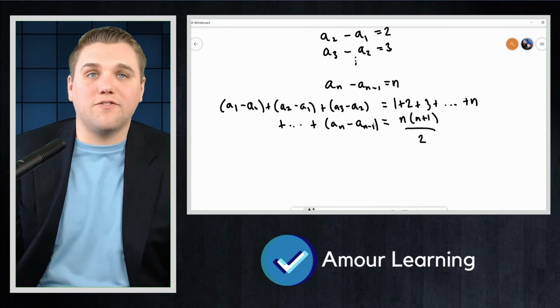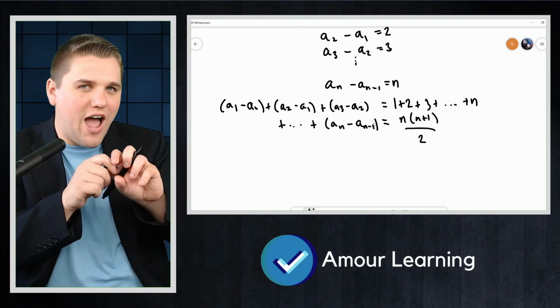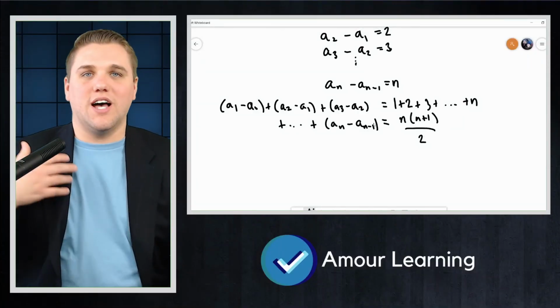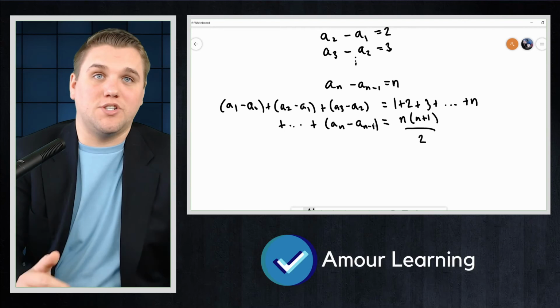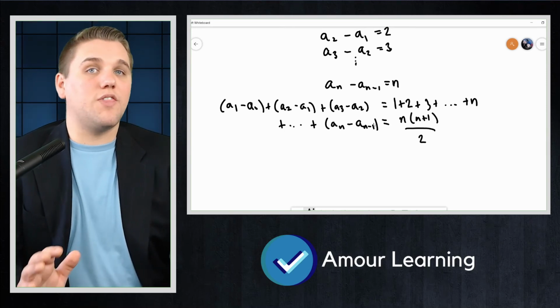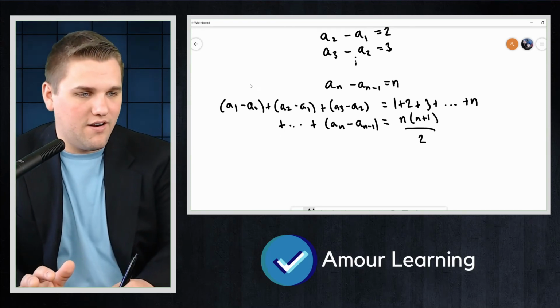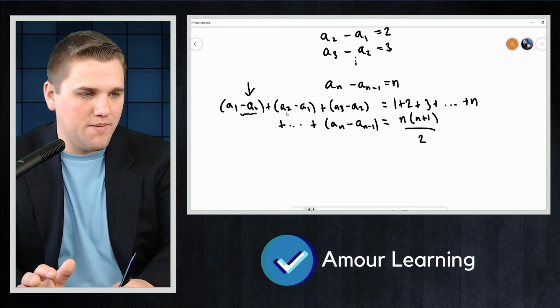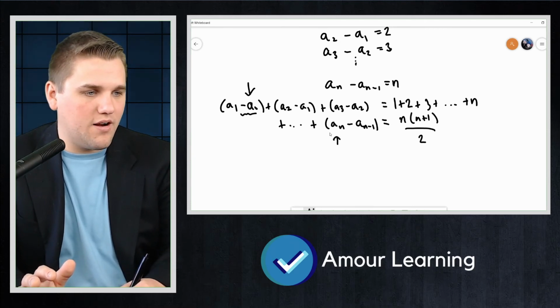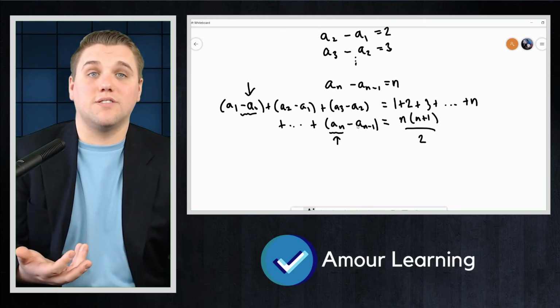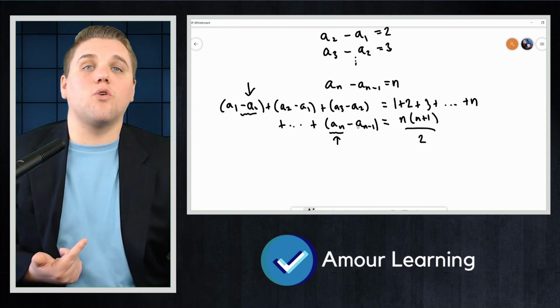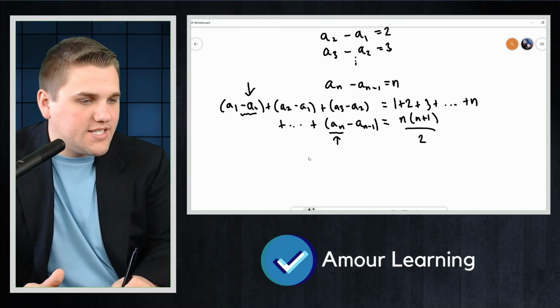Why is it called telescoping, by the way? If you've ever had a telescope and you can extend it and contract it, that's kind of what we're doing here. We're compressing this left-hand side into a couple of simple terms. We're left with only the negative a_0 and the a_n term. Everything else cancels out.